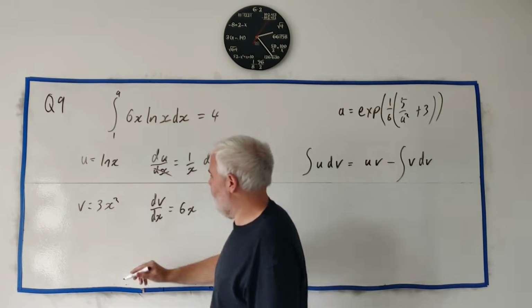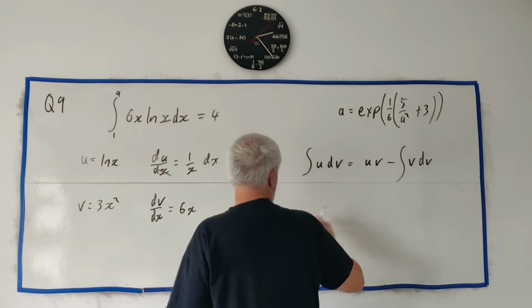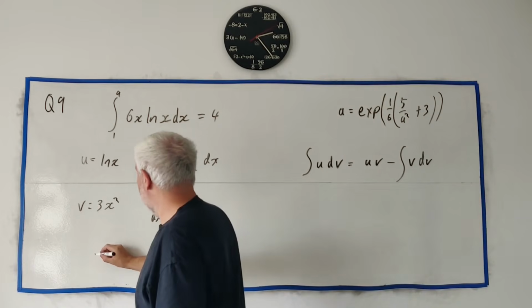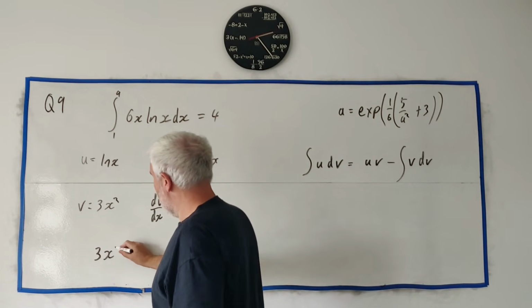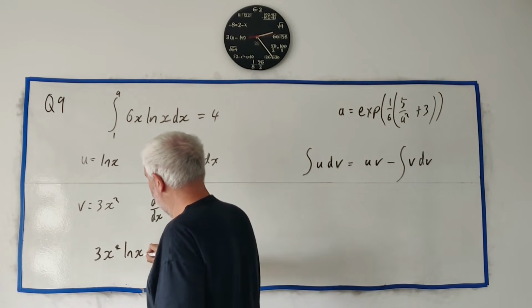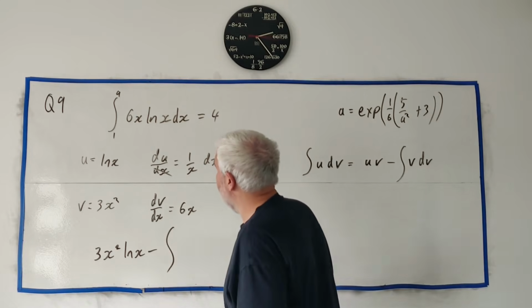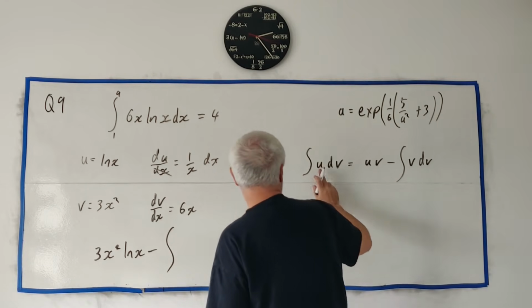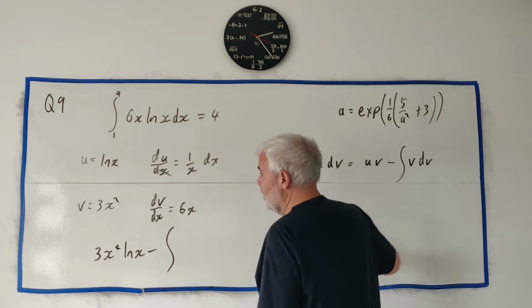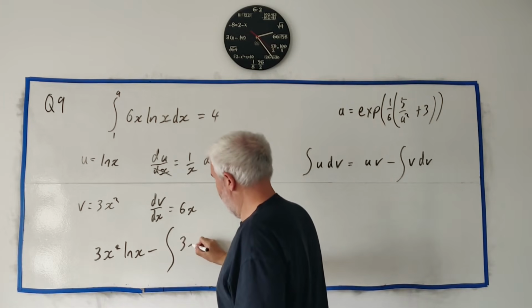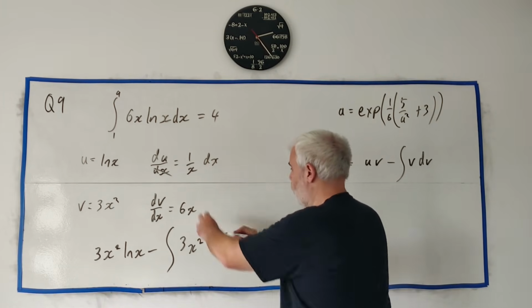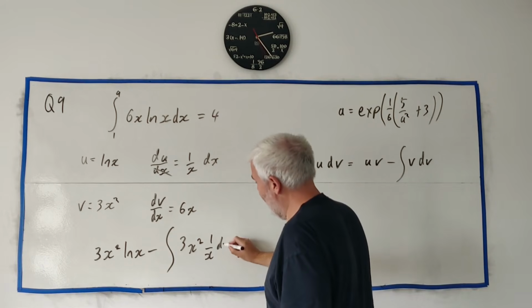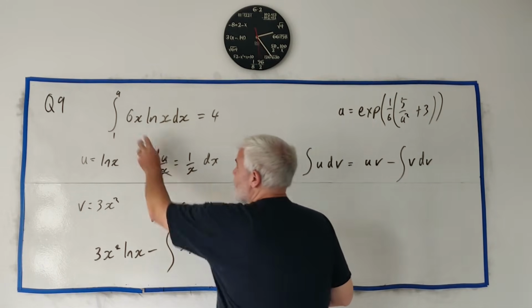They turn into one term. So instead of this term up here, we would be left with, let's see, u times v, I'll write v times u, 3x squared natural log x minus the integral, instead of u and dv, it'd be v and du. So that's 3x squared times 1 over x dx. Nothing's changed with these limits.